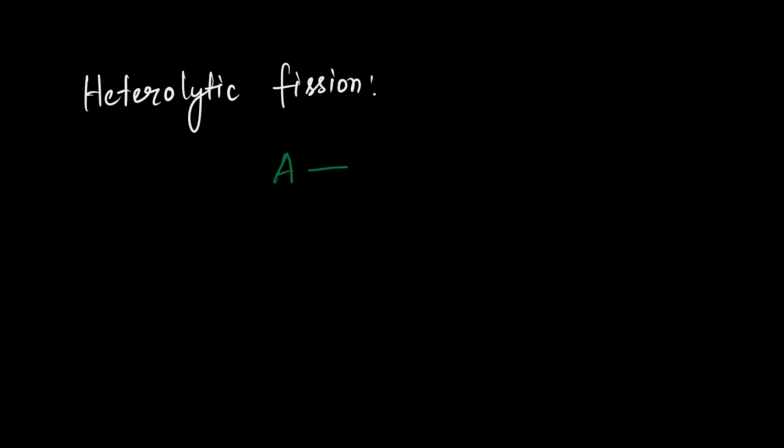So if I'm taking A-B, that is giving A plus and B minus. What it indicates is that both the electrons are taken by B, and A becomes positively charged, which lacks electrons, right? So heterolytic fission leads to the formation of ions.